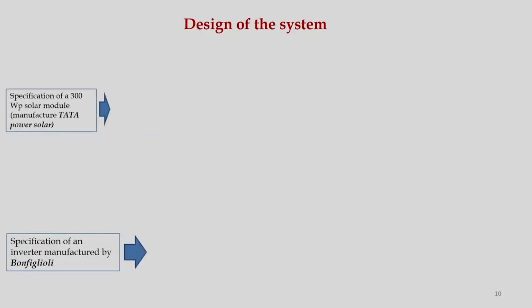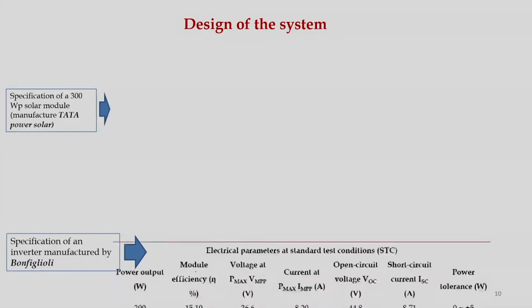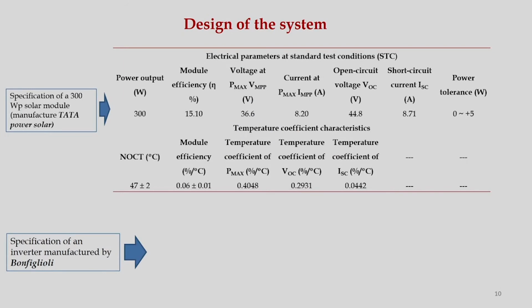So, let us have a look at the specification of modules and inverter. If we talk about the specification of a module, we can consider a module having output power of 300 watt peak, and efficiency is 15.10.